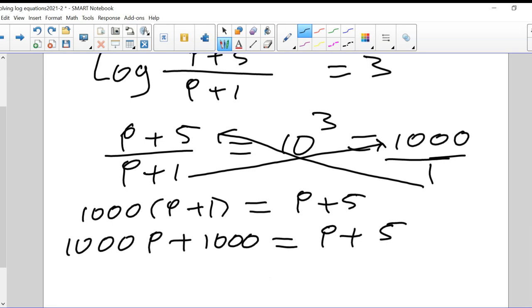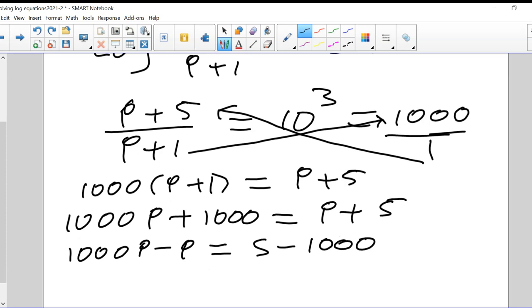Now I just have to get my p's together. So 1,000p minus p is equal to 5 minus 1,000, right? I simply put the p from the right-hand side over onto the left-hand side and subtracted it.